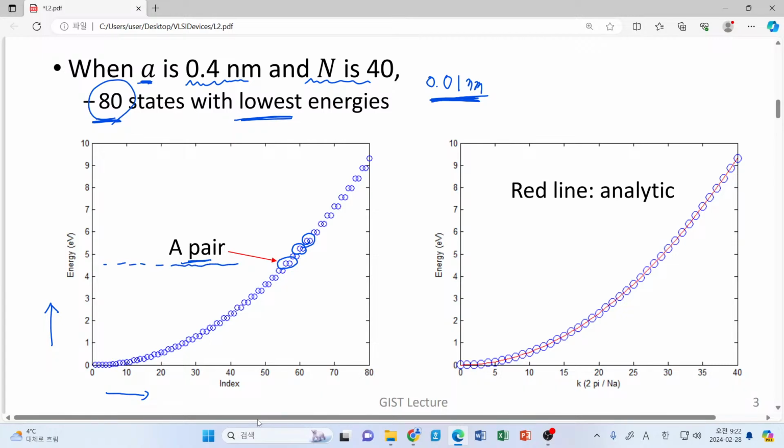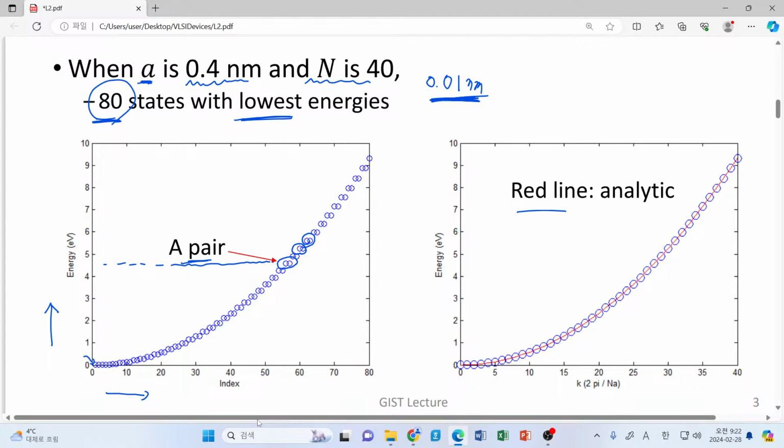If we have a certain energy, then we can find two states corresponding to the same energy value. In the right figure, I just collect only positive numbers. Here we have something like this.